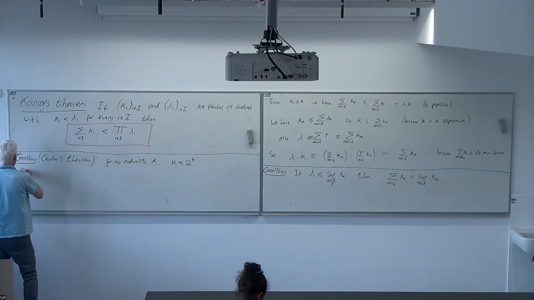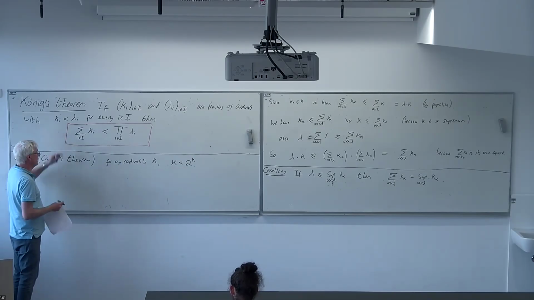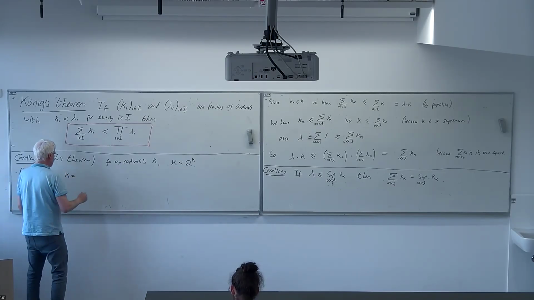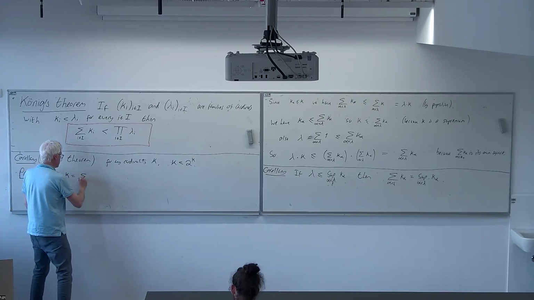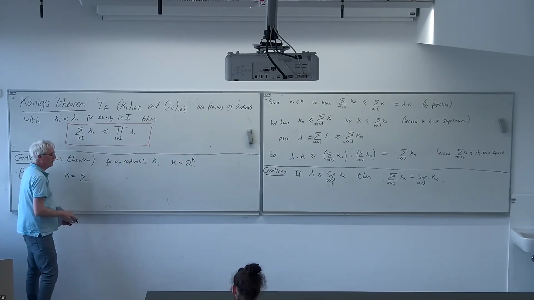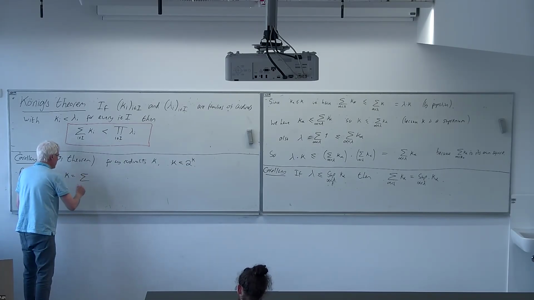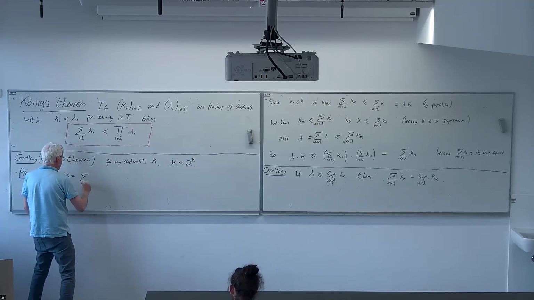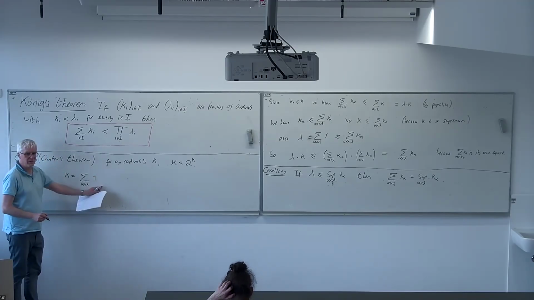And how do we get this corollary from König's theorem? Well, we can say that kappa is equal to, just as we did in the proof of the previous theorem, the sum over all alpha less than kappa of the constant element 1.